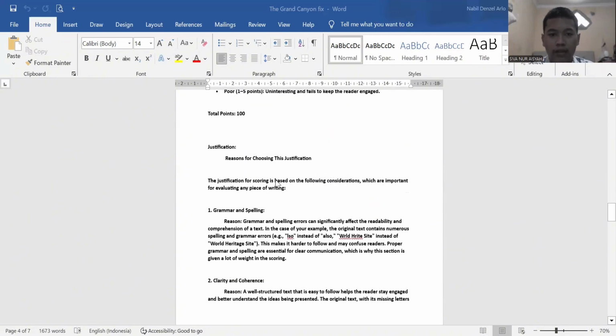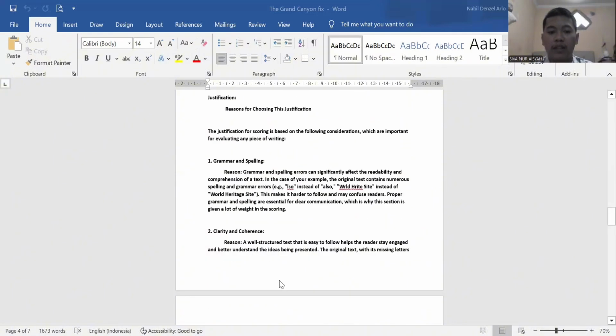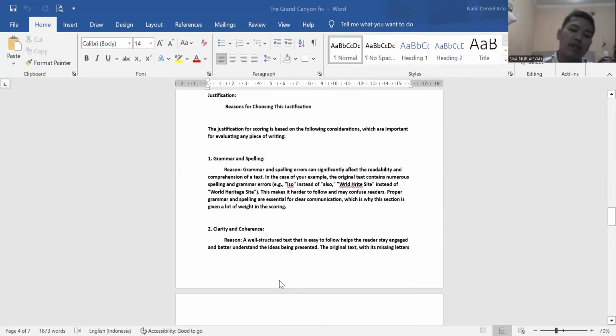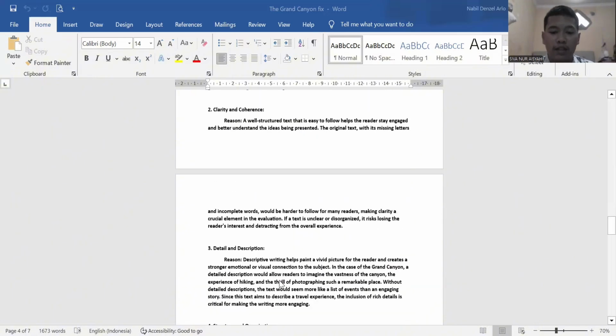This is the justification, the reason why I chose this scoring. The justification for scoring is based on the following considerations, which are important for evaluating any piece of writing. Grammar and spelling can significantly affect readability and comprehension of the text. For clarity and coherence, a well-structured text is easy to follow and helps the reader engage and better understand the ideas being presented.